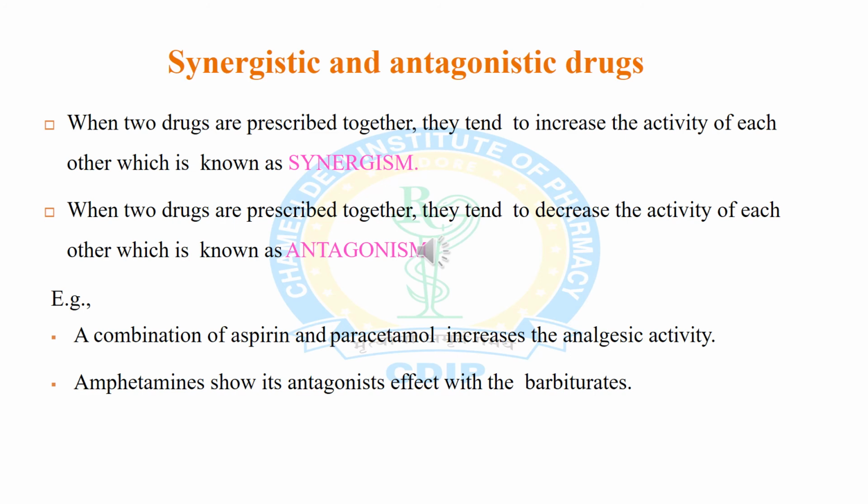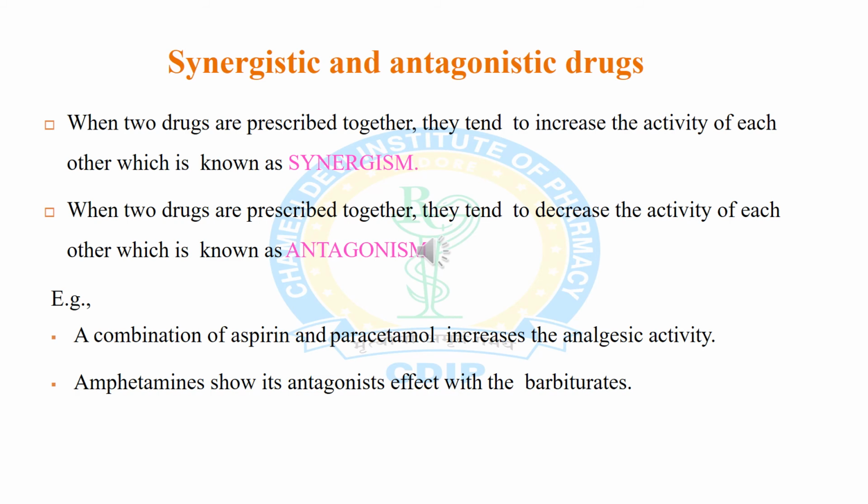And when two drugs are prescribed together and they tend to decrease the activity of each other, it is known as antagonism. In synergism, the therapeutic effect of both drugs together is more than that of the individual drugs, and in antagonism, the therapeutic activity decreases.